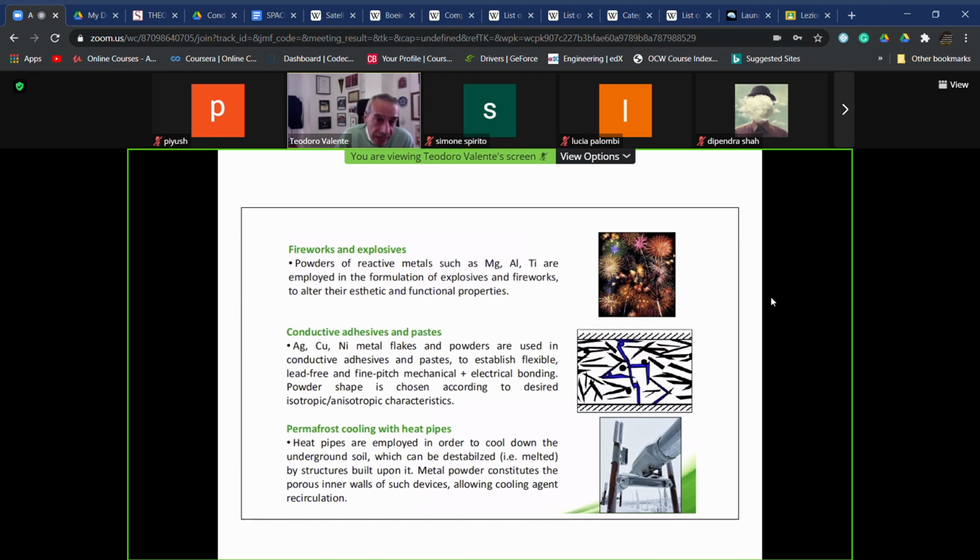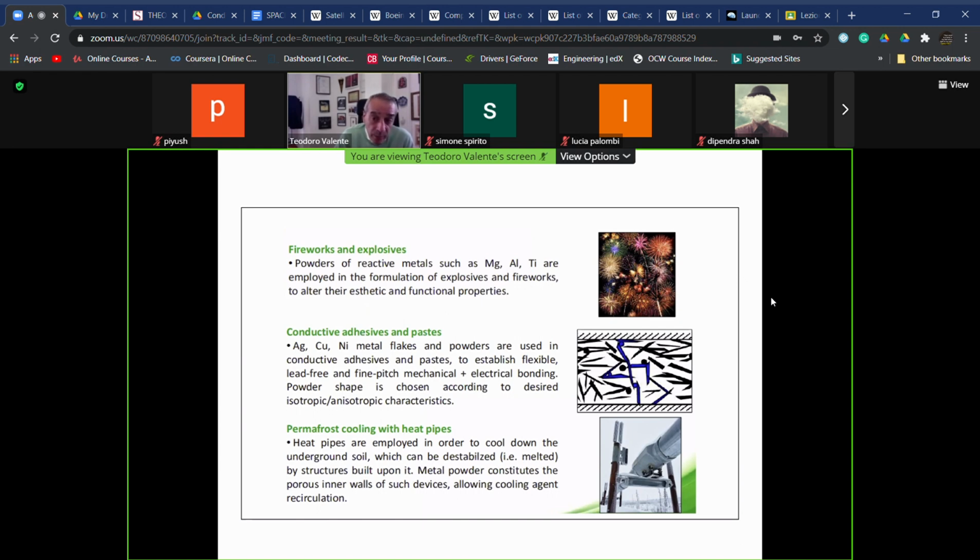In this case, we have reactive metals such as magnesium, aluminium, titanium, which are used directly in the formulation as powders, and they must remain powders to give their effect in the formulation of explosives and fireworks.